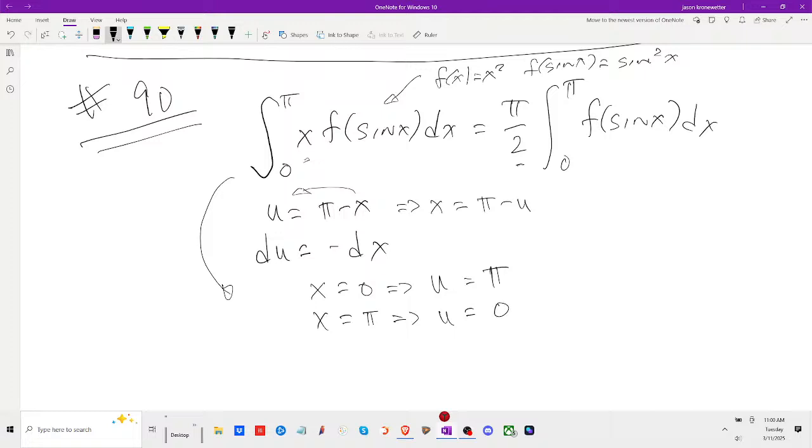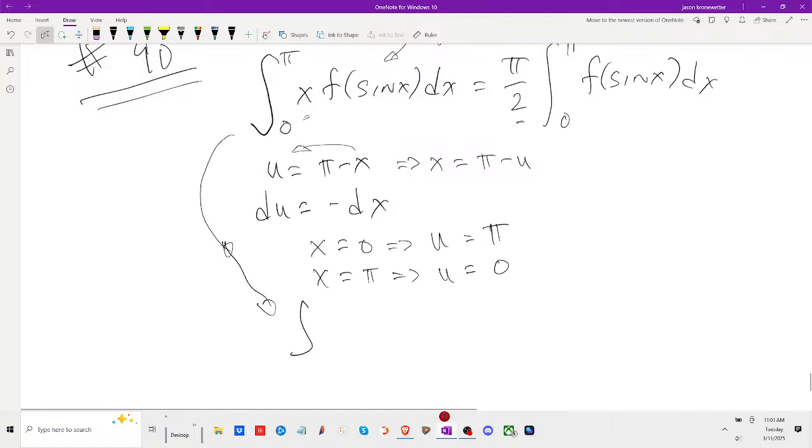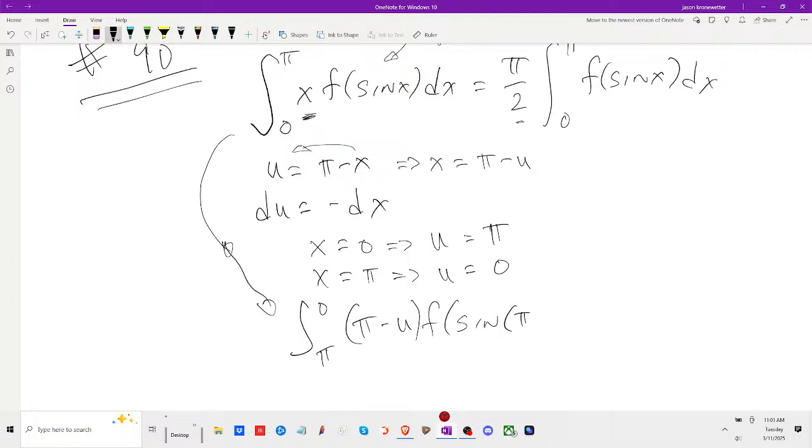So when I convert that integral into a u integral, instead of from 0 to pi for x, I get from pi to 0 for u. For the x part, I get pi minus u. Then I'm going to have f of sine of pi minus u.